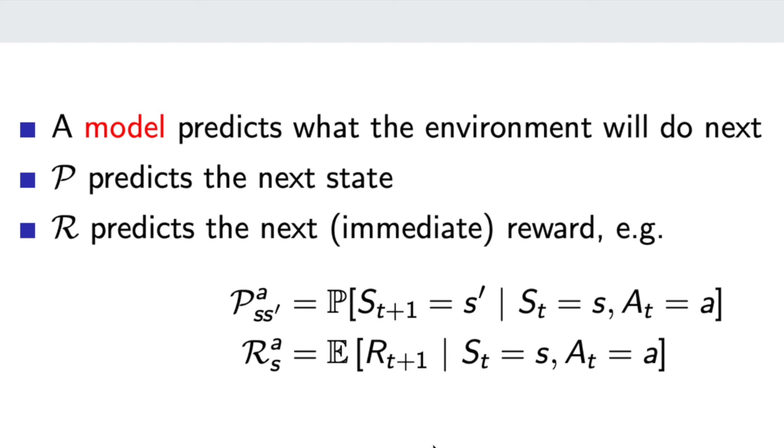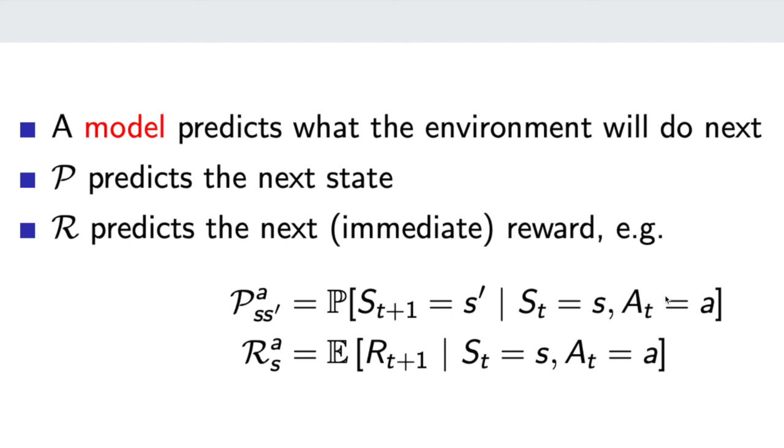And so lastly, we have a model. And the model is basically a representation of your environment, right? It's internal to the agent, but it's the agent's internal view of the world outside of it. And so there can be two components to the model. One is predicting a state, given a state and an action pair.